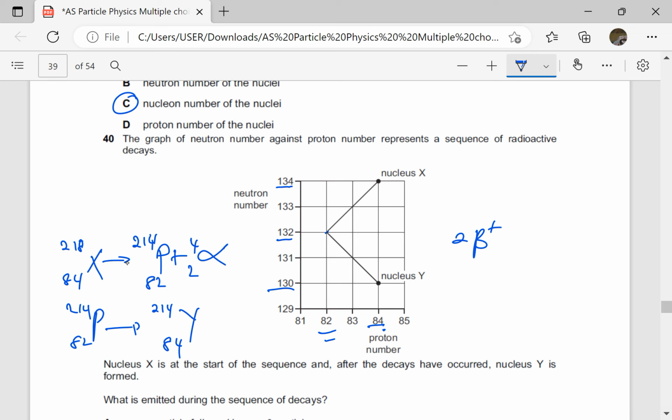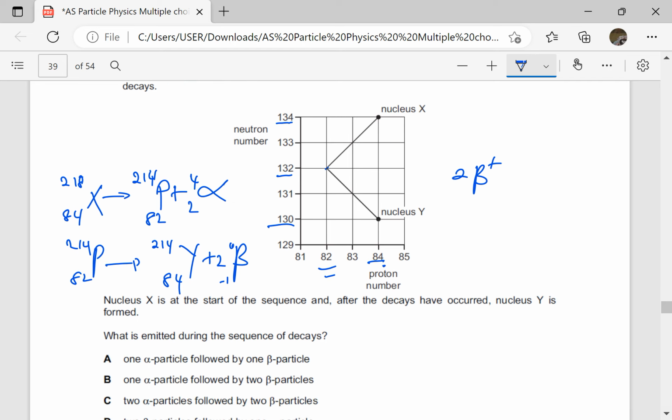So the nucleon number has not changed, but the proton number has increased by 2. So this must be beta 0 negative 1, but there are 2 of them, because 2 times negative 1 would be negative 2.